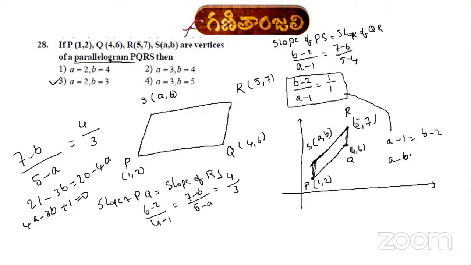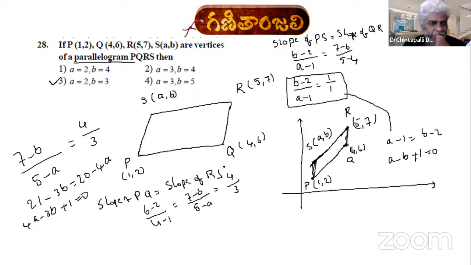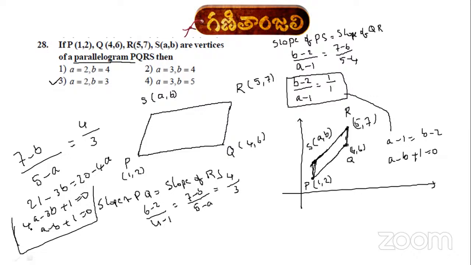That means a minus b plus 1 is equal to 0. By solving these two equations, we can get the values of a and b. This also gives a equal to b equal to 3.